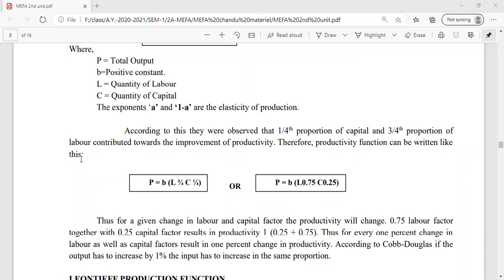Now it is only 360. That means there is no 100% improvement in the output. That is called decreasing returns. You have improved both the inputs, but the output has not improved in such a fashion. That is called decreasing returns to scale.